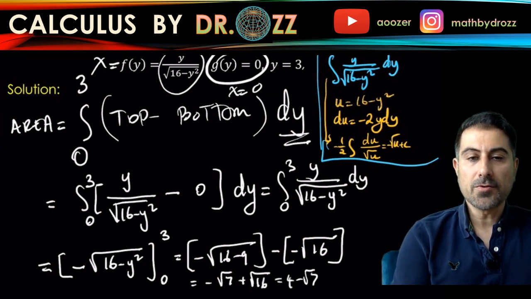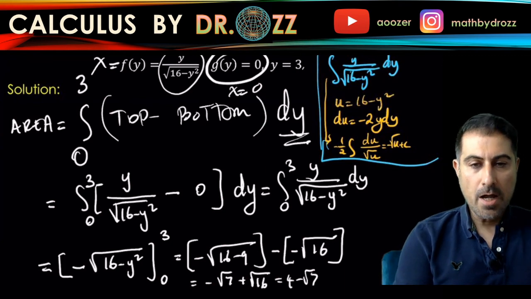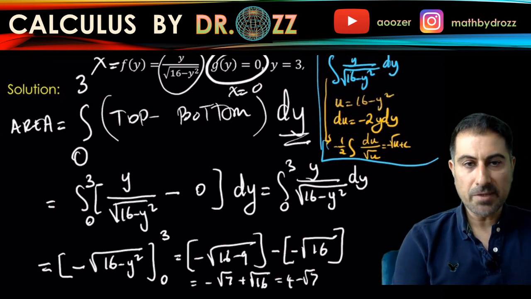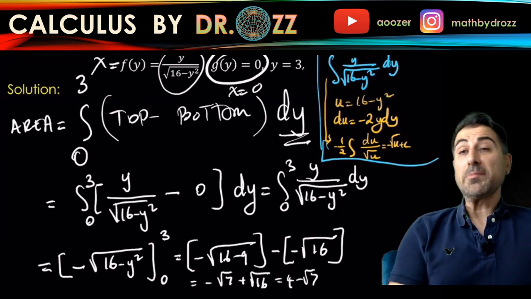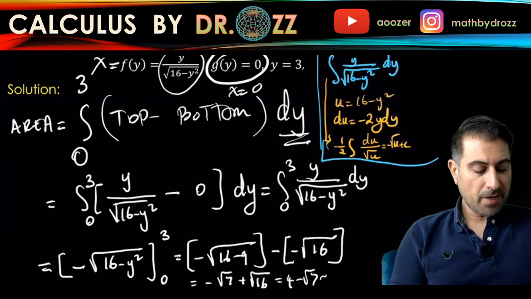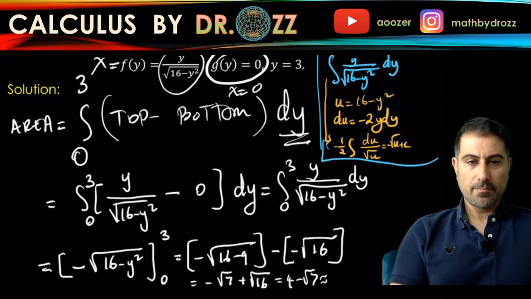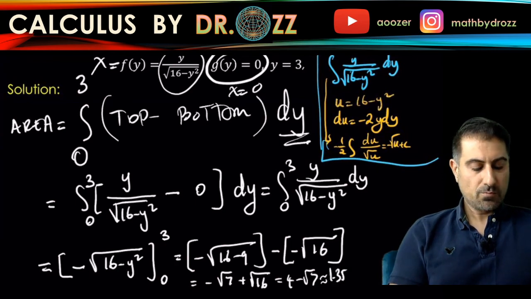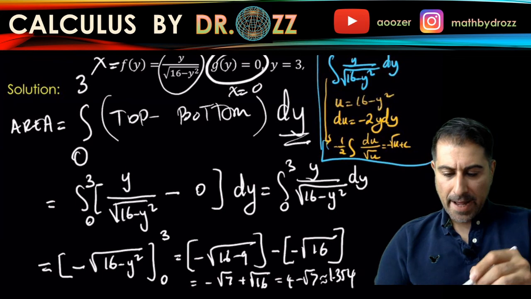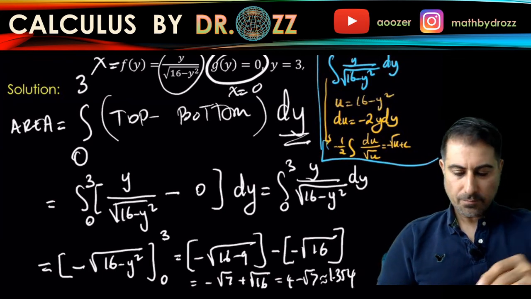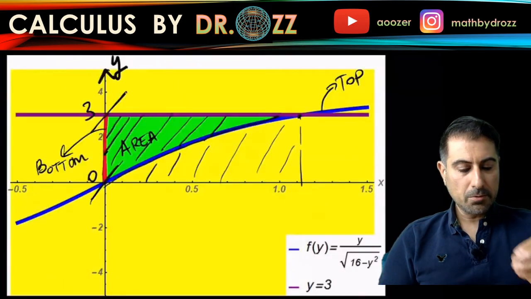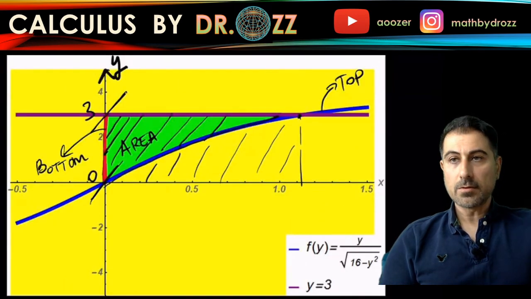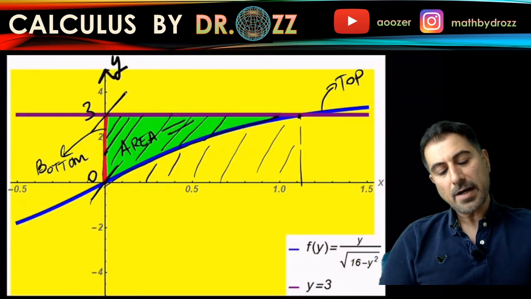Go ahead and use your calculator and get a number of decimal places. So this is approximately equal to 1.354. You can go back and, sorry, this was the previous problem. Conclude that this area here is equal to 1.354.